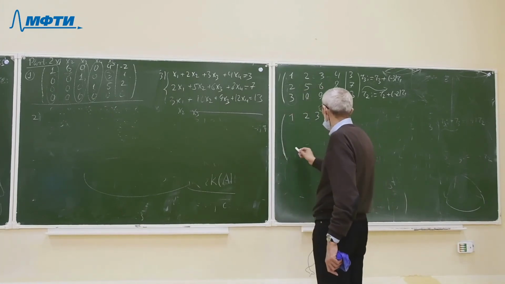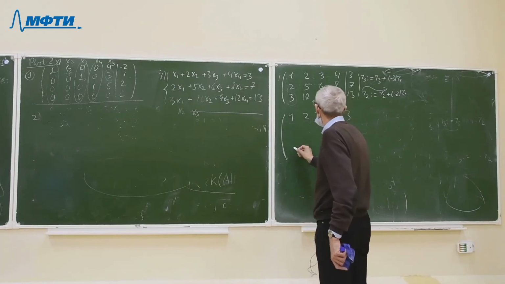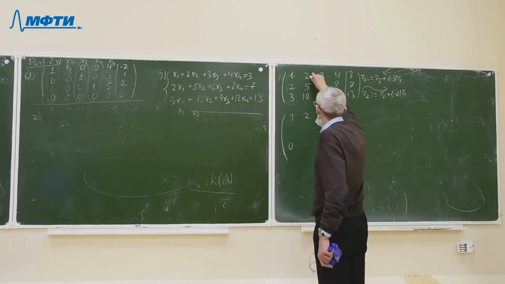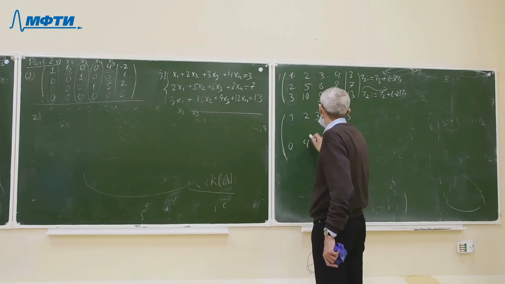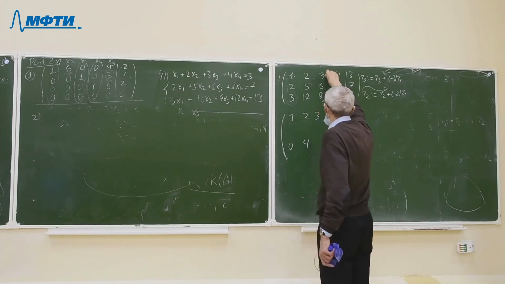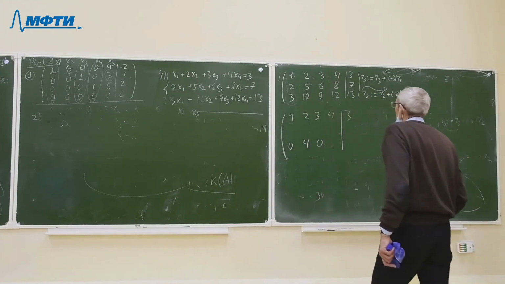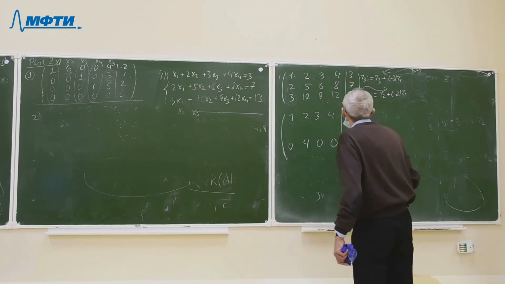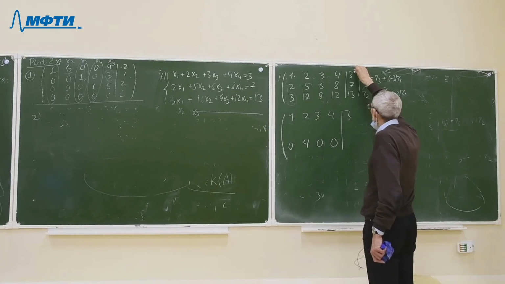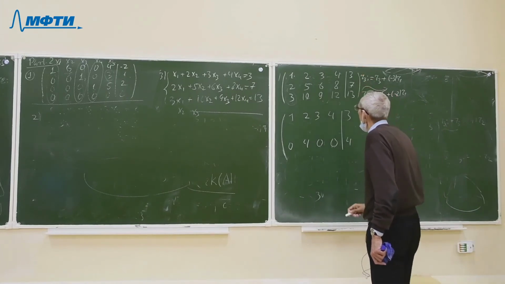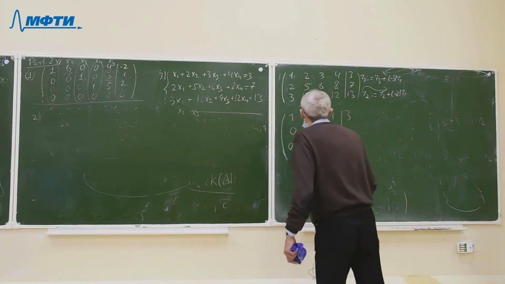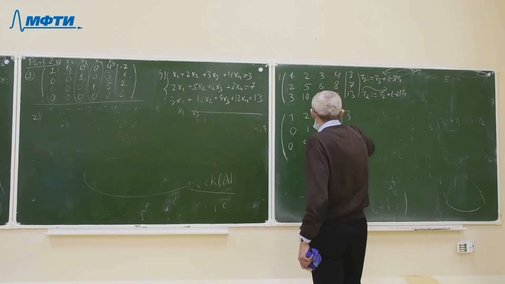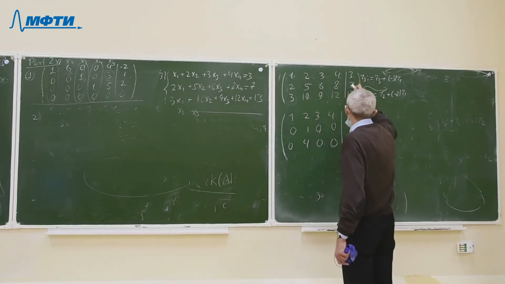The last rows have the following form: minus 3 times 1, minus 3 plus 3, 0, minus 6 plus 10, 4, minus 9 plus 9 is equal 0, minus 12 plus 12, 0, minus 9 plus 13 is equal 4, minus 2 plus 2 is equal 0, minus 4 plus 5 is equal 1, minus 6 plus 6 is equal 0, 0, 1.